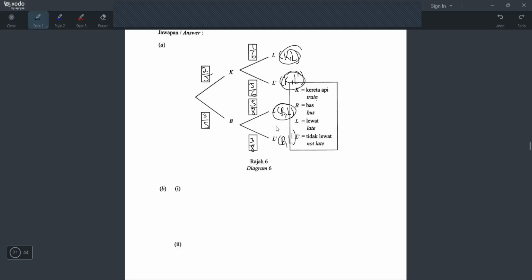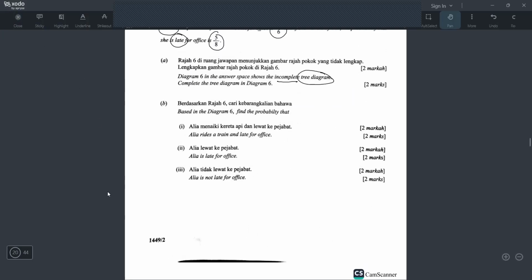You will get 1. Yeah, you will get 1. Okay. But how to get the probability of train late? Well, it's very simple. Just take 2 over 5 times 1 over 6, right? Then what if I want train not late? I just take 2 over 5 times 5 over 6. Yeah, like that, right? And if I calculate the probability for all these and I add together, it will give you 1. Okay. All right, let's continue with B.